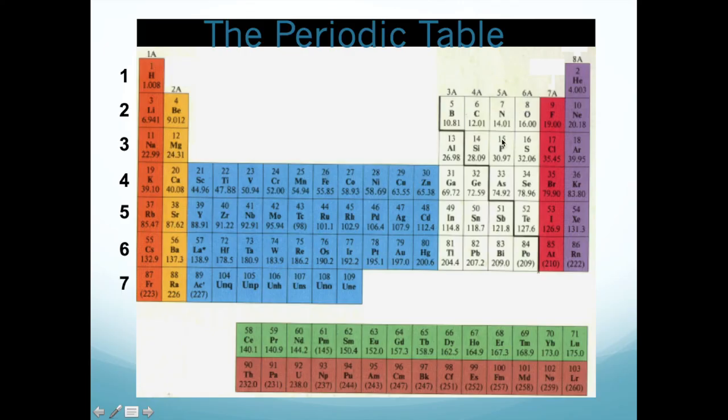I think nitrogen and phosphorus are the pnictogens. You really don't need to know that. I'm just giving you random trivia, but in case you're curious, there are names for other things. And again, they're very useful for referring to these things as a group. So if you were talking about a group 1 metal in general, you could just call it an alkali metal. You don't have to say the individual name of all of the alkali metals.